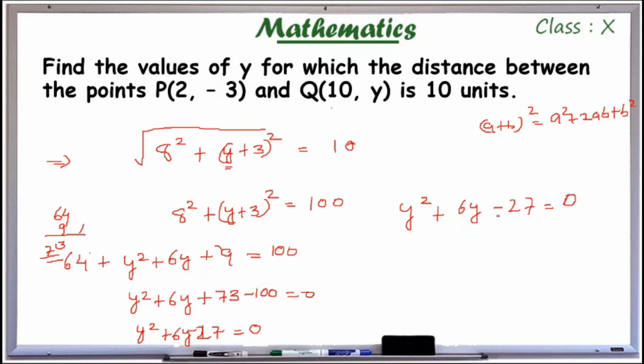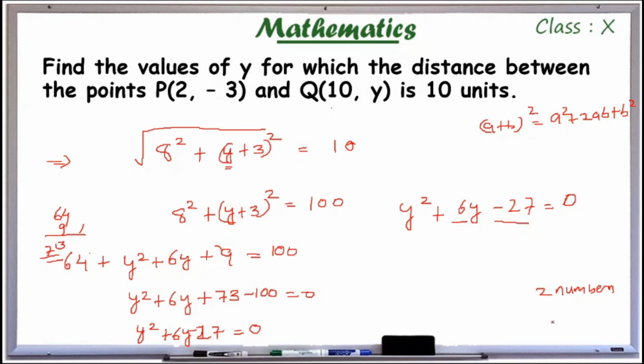Now I have to find the y value from this equation, so we have to factorize. Factorization you have already learned in your previous classes. We need two numbers such that the sum is 6 and the product is minus 27.